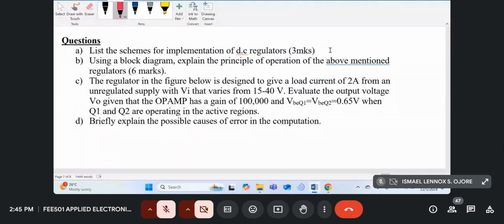Evaluate the output voltage, given that the op-amp has a gain of 100,000. VBE of Q1, Q2 is 0.65 volts when operating in the active region. Then briefly explain the possible cause of error in the computation. The solution is very easy. We've done the solution over here.